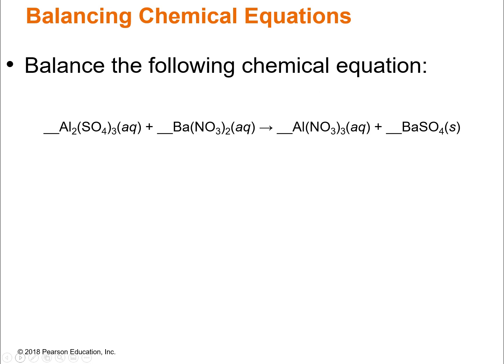Let's do one more example. This time we're going to include some polyatomic ions. Sulfate appears on both sides of the equation, so I can keep it together when I'm making my chart. The same thing goes for the nitrate.